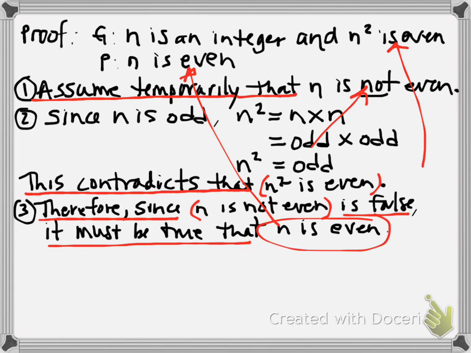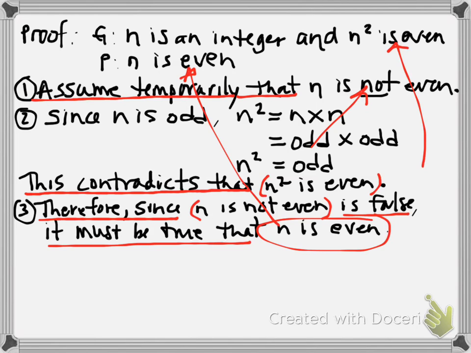Now again, I apologize, this is kind of like teaching power writing where everybody writes the same exact way, but they may include different details. It's a way to get you learning how to write paragraphs and then write 3 paragraphs and so on and so forth. So we're going to do this very prescriptive. Assume temporarily that, and then you take the opposite of what we're trying to prove, so the inverse of it.